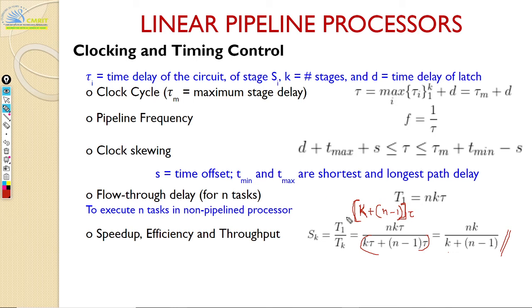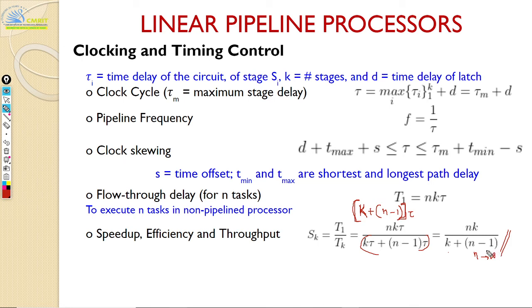Now let us say an ideal scenario, where k is your number of stages. In other words, if your number of instructions is fairly large, let us say n is tending to infinity, a very large number of instructions.